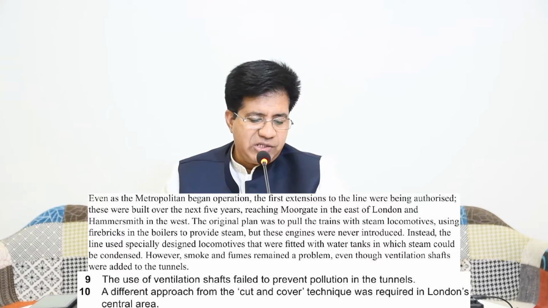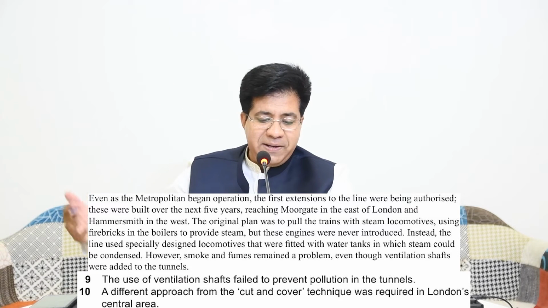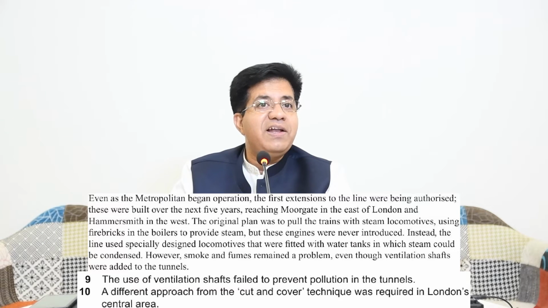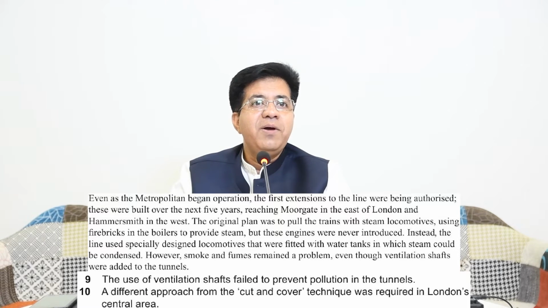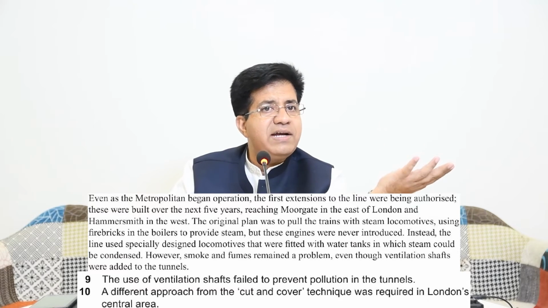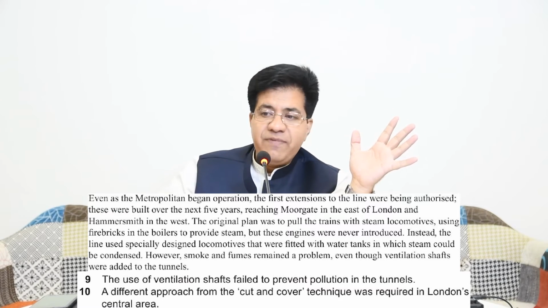So I read the last line of the third last paragraph. However, smoke and fumes remained a problem even though ventilation shafts were added to the tunnel. Now what are fumes and smoke? Pollution, absolutely. They remained a problem even though ventilation shafts were added. It means ventilation shafts failed to prevent this.